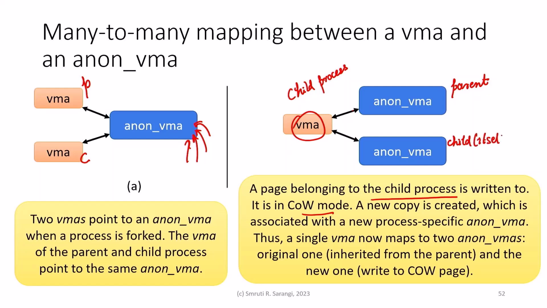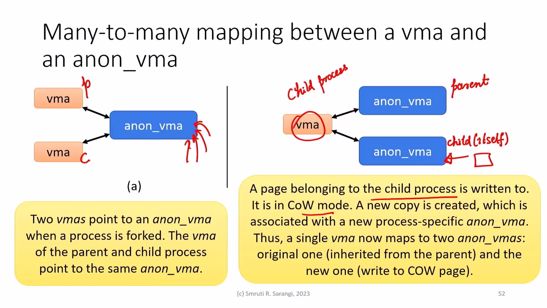And why? What was the need to create this? Well, the need to create this is very clear. The need to create this is because there was a copy on write and the child did the write. So, a fresh copy was needed. That is why we allocated a new page and we had to make it point to an Anon VMA. And this has to be the child's Anon VMA.